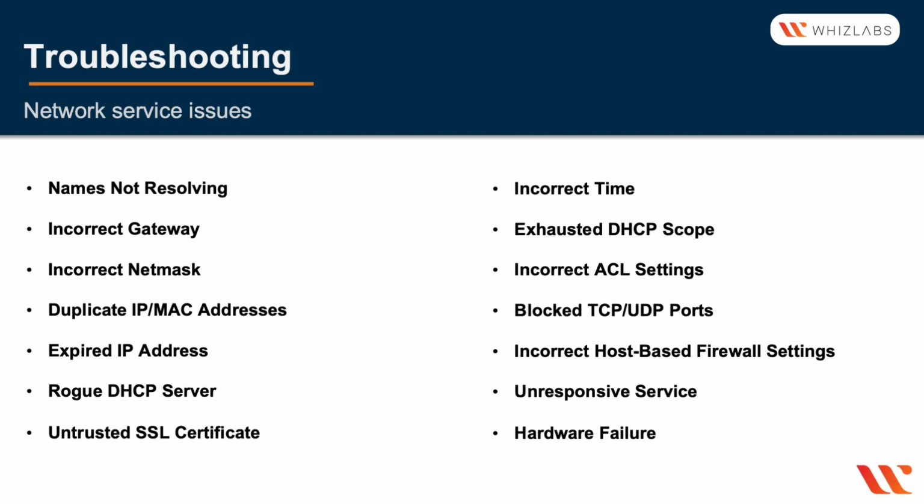Incorrect ACL settings and blocked ports. Typically these are based on firewall rules that are set up wrong, and some of the common issues are due to incorrect ACL settings. There is usually some kind of explicit deny, either on the whole network, on part of the network, or for a range of IP addresses on that network.